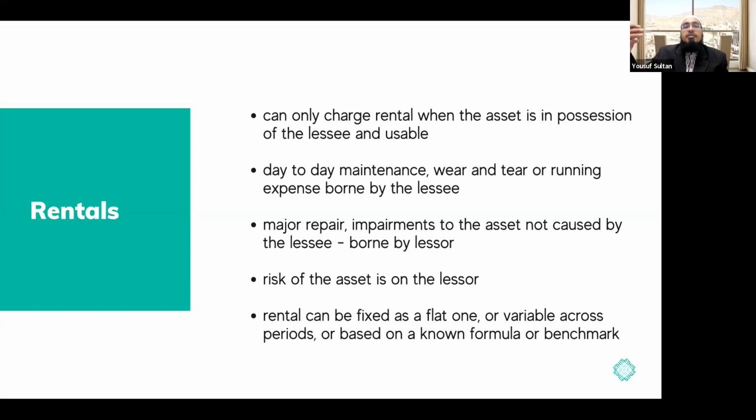And then over the next 15, 20 years, or whatever period of years, the client will pay a portion of the price of the asset, and also pay a portion of the rental. So rental for what? Rental for using the portion which is owned by the bank. So the bank owns 80%, the customer owns 20%.